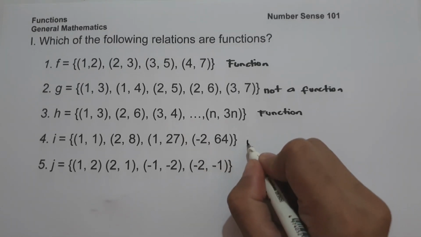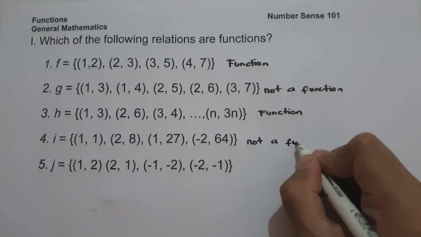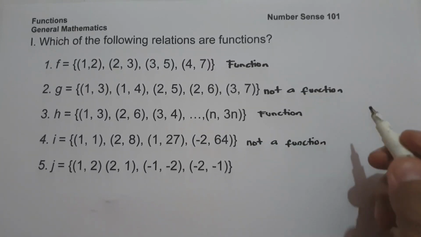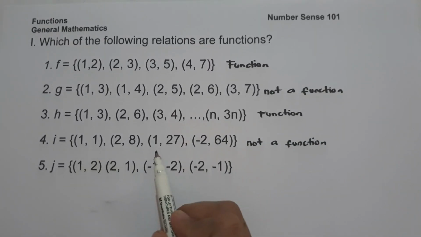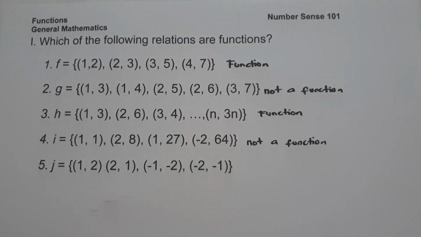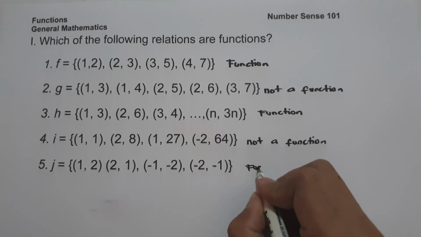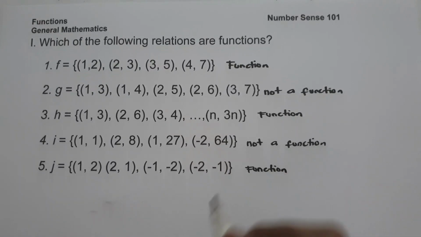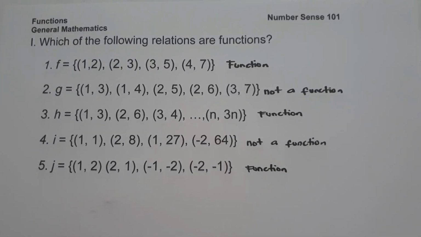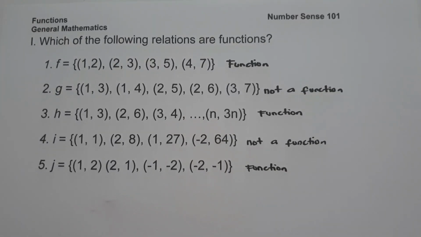So this one is not a function because (1, 1) and (1, 27) have the same x value but different y values. On number 5, we have relation J consisting of (1, 2), (2, 1), (-1, -2), and (-2, -1). This is an example of a function because each element of the domain corresponds to exactly one element of the range.